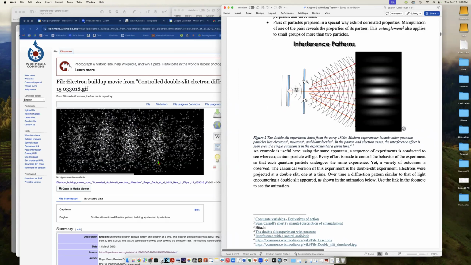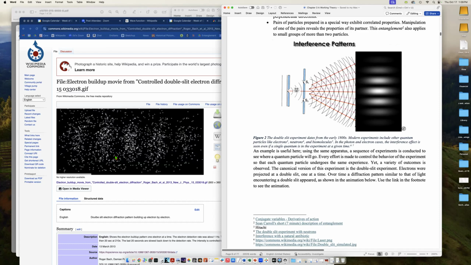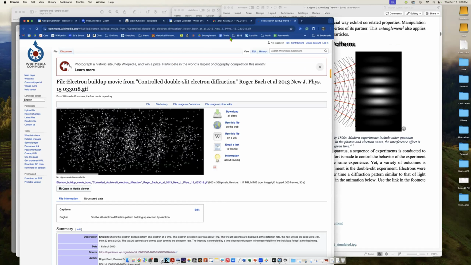So there's compelling evidence, and this is not the only way to show it. There's compelling evidence of the wave-like behavior of physical particles, in this case, electrons. You can also see this, as I said, with all the subatomic particles and so forth. So let's stop that.